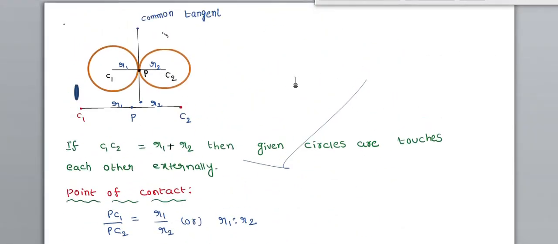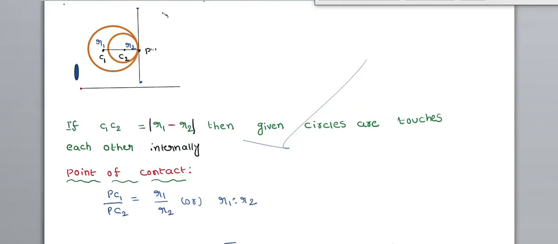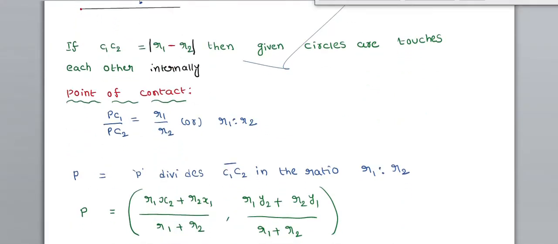Next, second diagram. Please observe the next diagram. If C1C2 is equal to modulus of R1 minus R2, then the circles touch each other internally. Okay, same condition. PC1 by PC2 is equal to R1 by R2, or R1 is to R2.